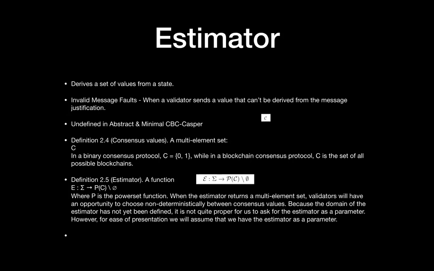But the estimator itself, right? As long as it needs to derive, it needs to output values that others running the same justification will also derive, right? Yeah, exactly, and that's what I was saying. Oh, okay.